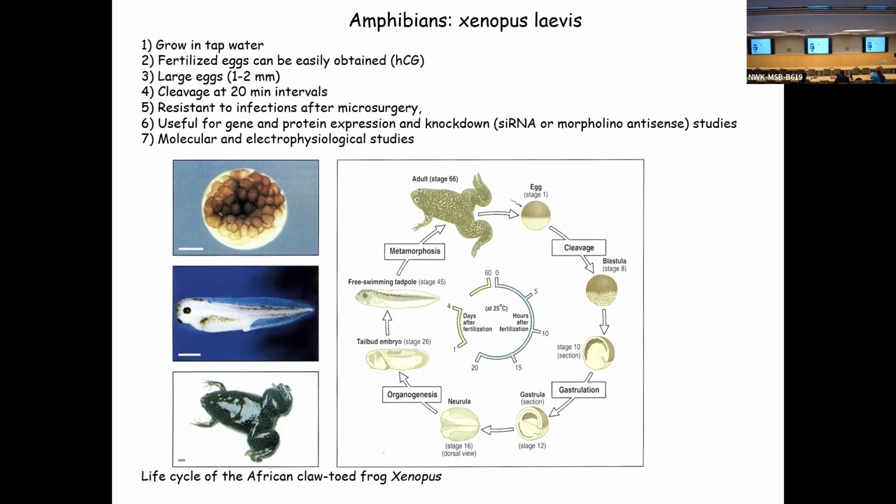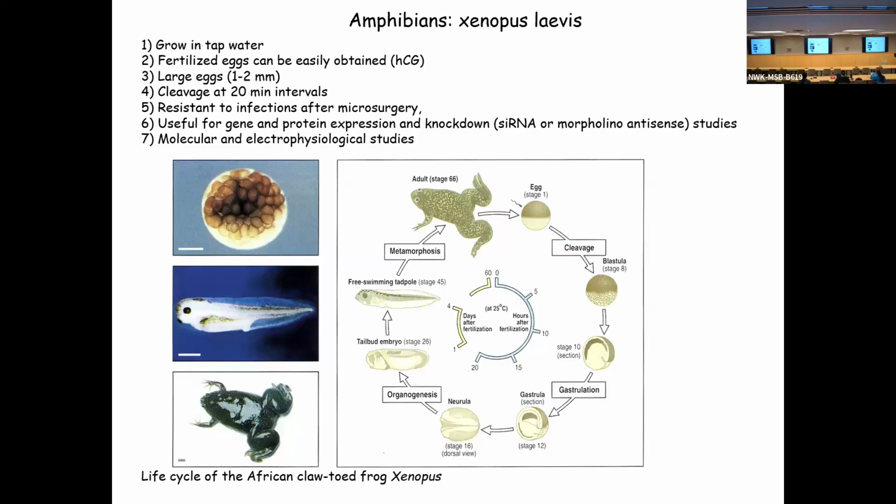And to superovulate as well, okay? It could go 1.5x the number of eggs that can be provided. These are large eggs. We can look at them even without the help of a microscope, right? They cleave at 20-minute intervals.